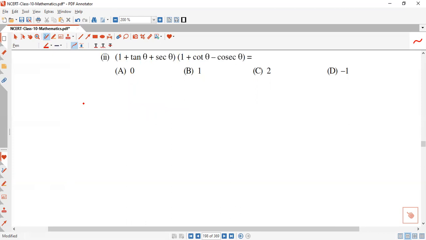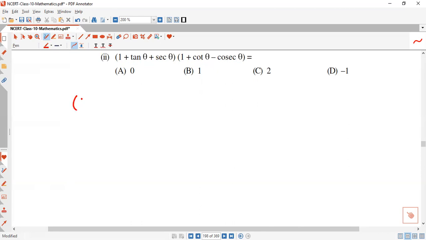If we take the multiplication directly, or convert into sine and cos, it is better. Whenever the expression is not given in terms of sine and cos, we convert into sine and cos terms.